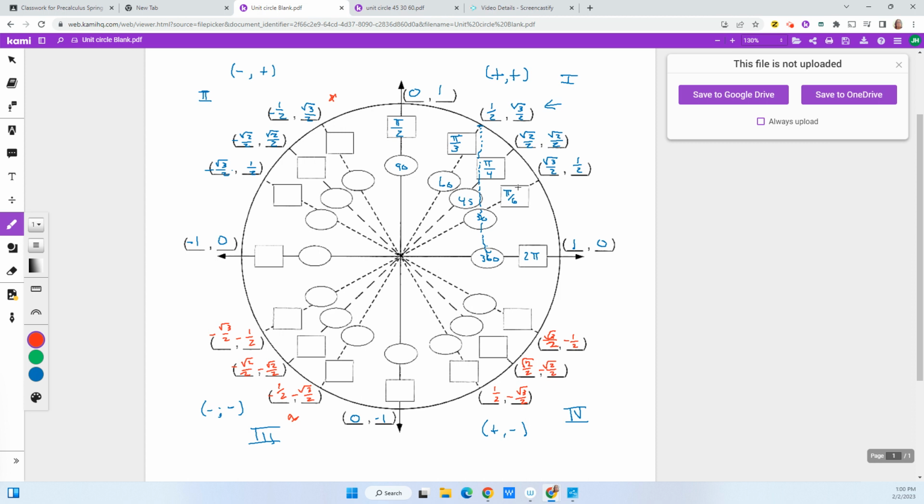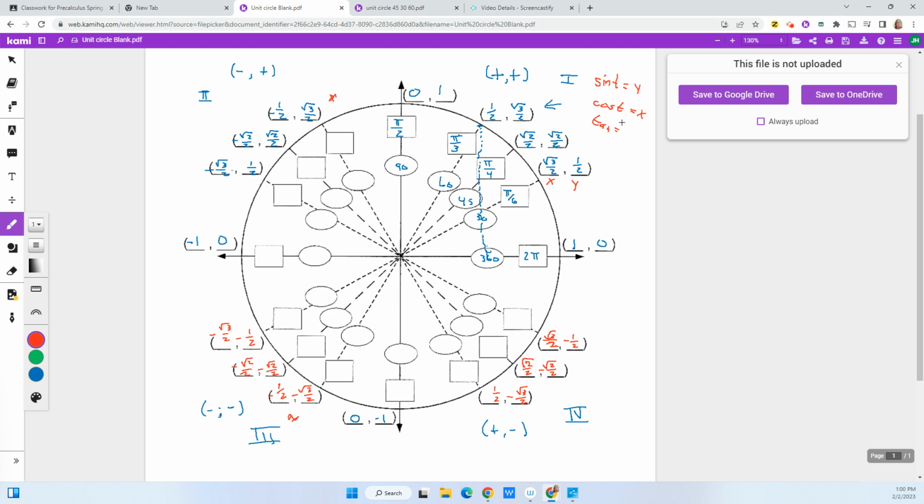And remember that these are X, Y values, right? And they really come into play because things like the sine of some value, t, whatever, doesn't matter, is always going to be your Y value. Cosine is going to be your X value.